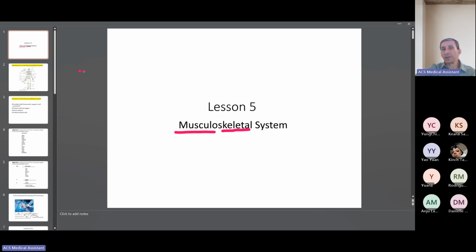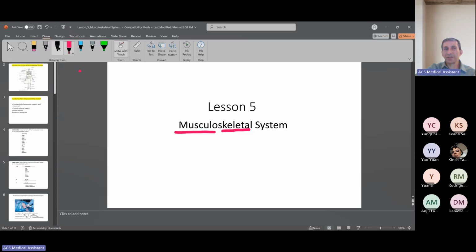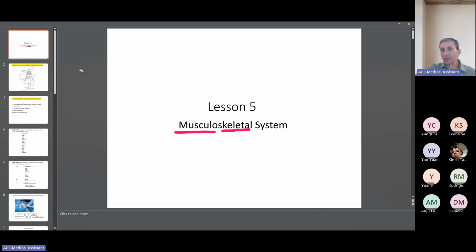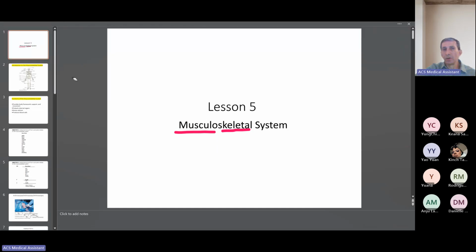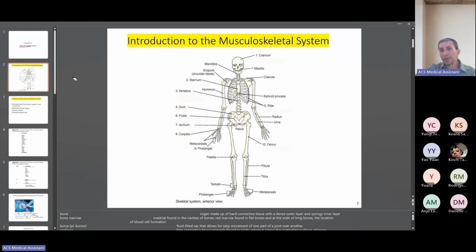We're going to talk about these word roots, these suffixes, but most importantly, the word roots from the muscular system and the skeletal system. Here we see only the skeleton, of course. We are not going to talk about every single bone.